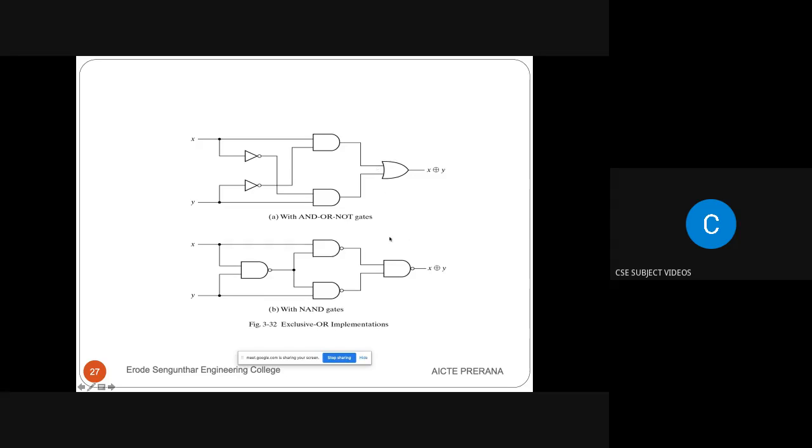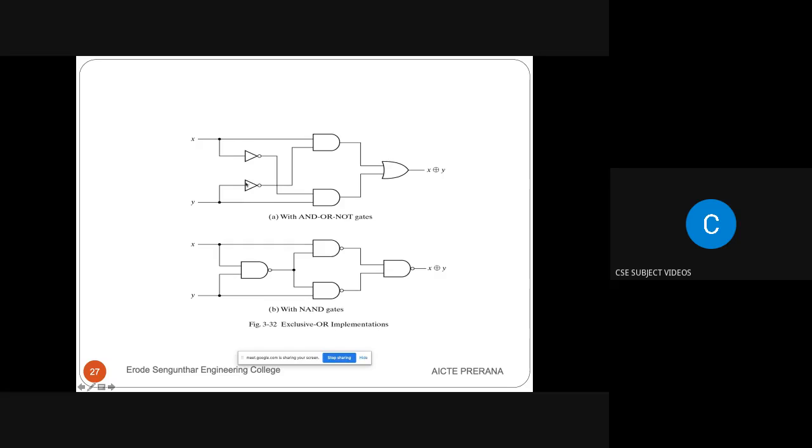And here also this NOT gate can be converted to a NAND gate, and here also this NOT gate can be converted to a NAND gate.